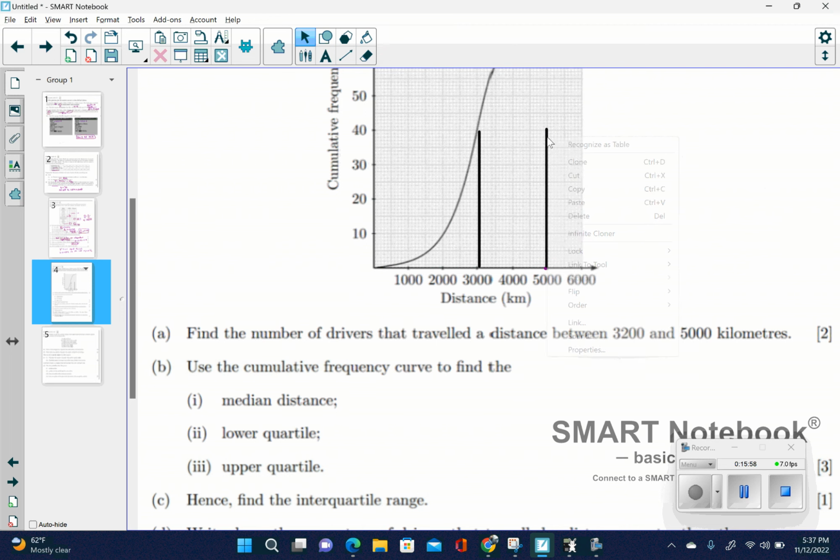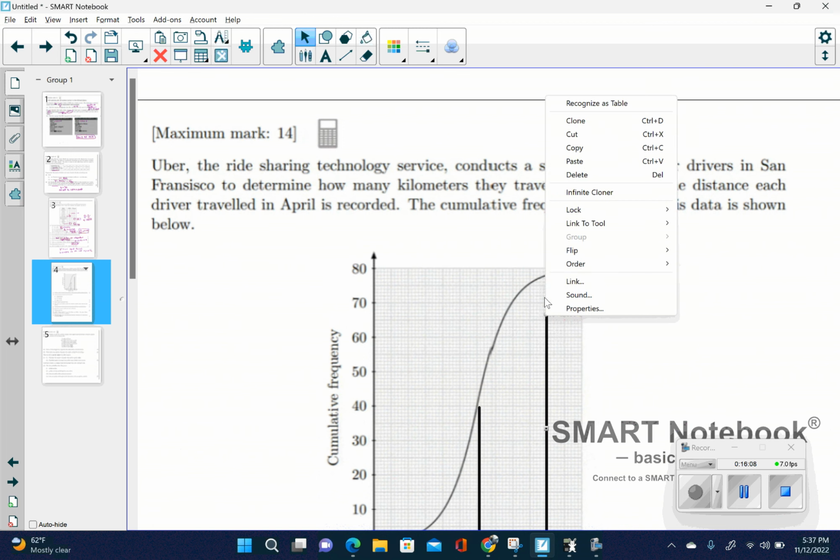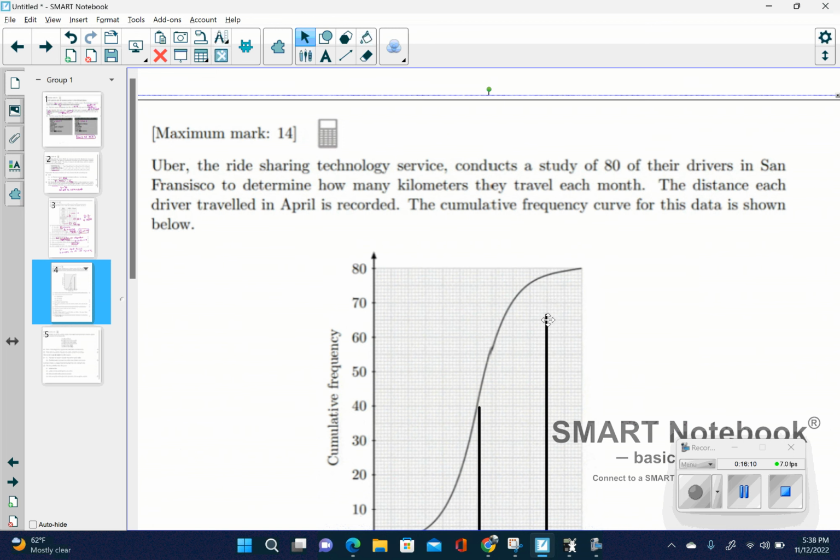Now all I have to do is make this a little bit wider so that it matches. Okay, so if you look at this, 78 is what you would follow across right here.